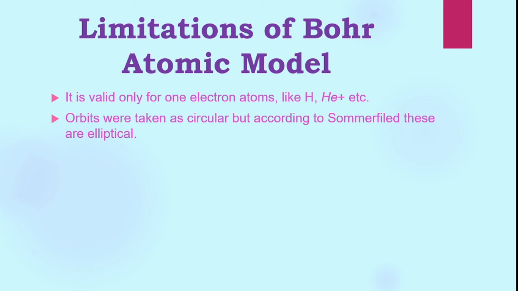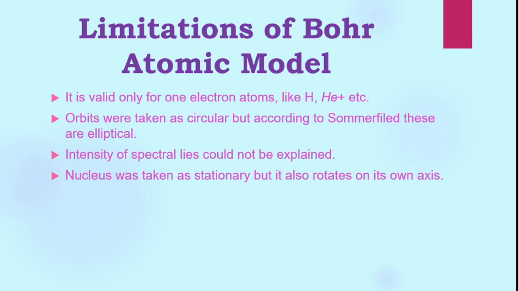Number two, orbits were taken as circular, but according to Sommerfeld, these are elliptical, like planetary motion. Next, the intensity of spectral lines could not be explained by Bohr's atomic model.